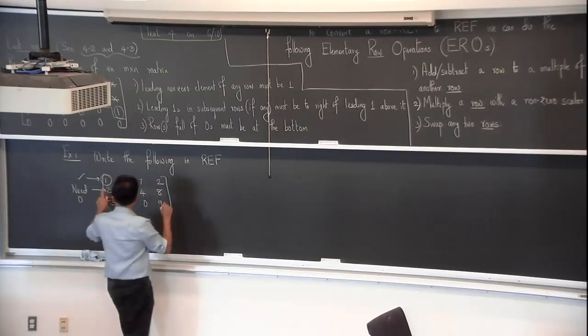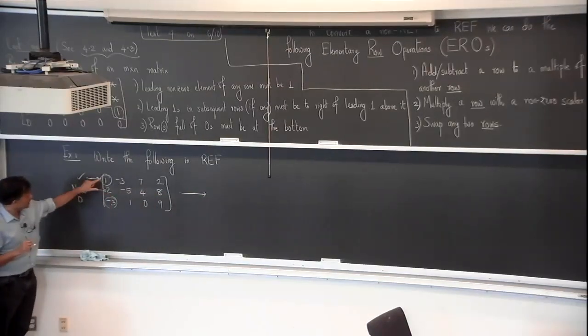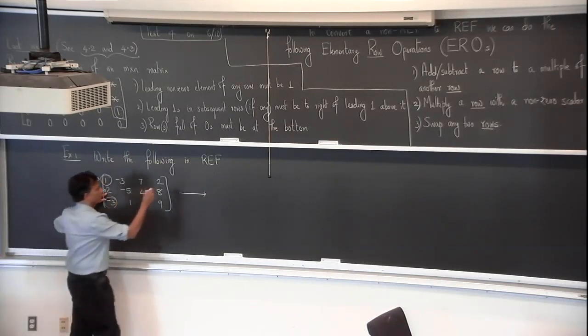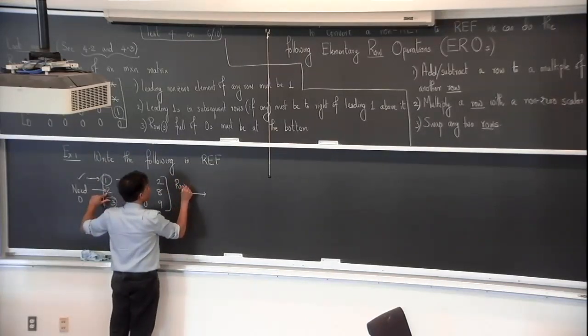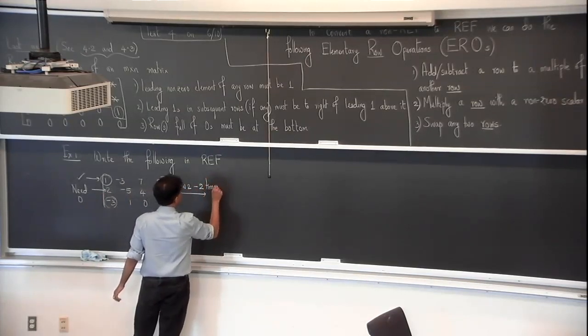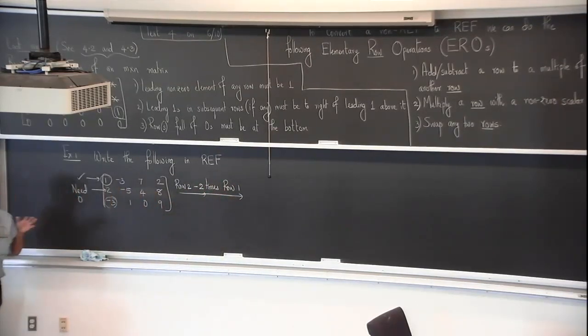So let's focus on this 2. To get a 0 here, we are going to take row 2 minus 2 times row 1. Now that's a lot of writing. You don't want to keep writing row 2 minus 2 times row 1 each time.